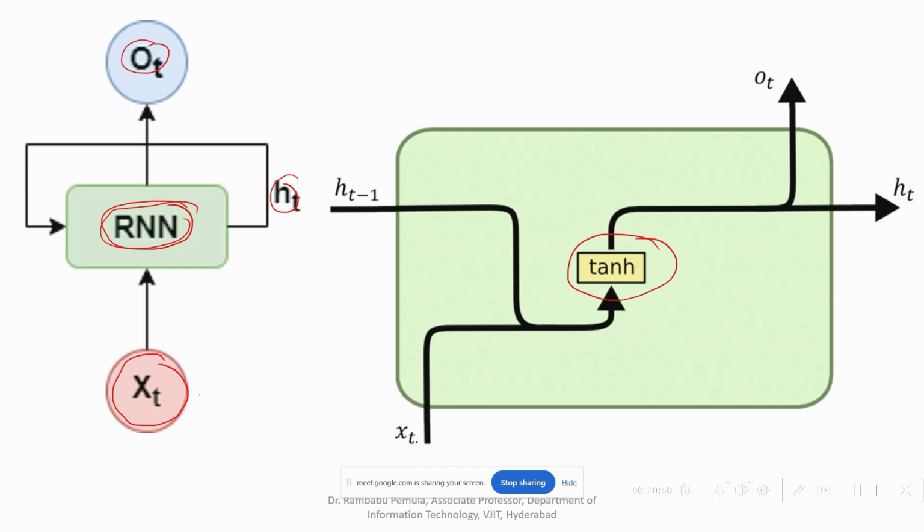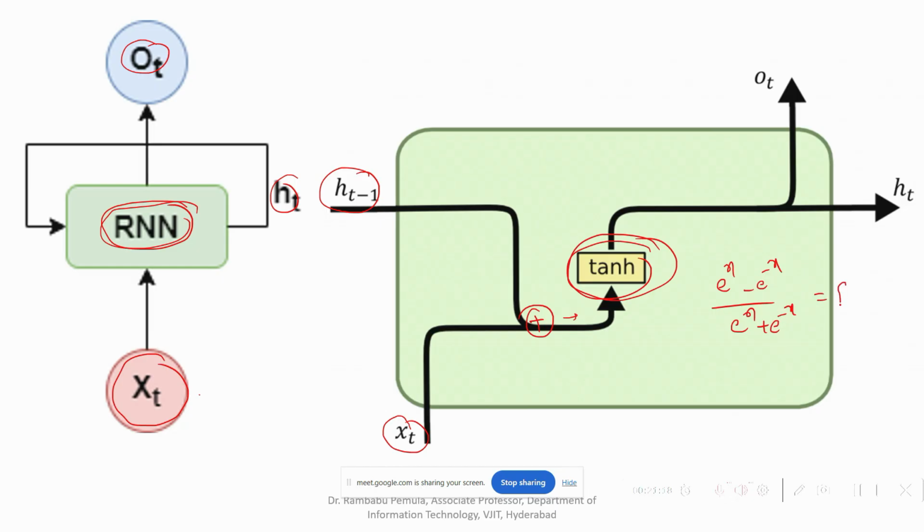We read the present node input and the previous node output. With the help of these two inputs, we perform a concatenation operation, and that output is given to tanh to generate the output. Tanh is nothing but (e^x - e^-x)/(e^x + e^-x).